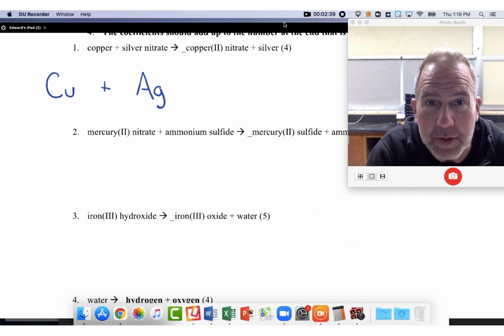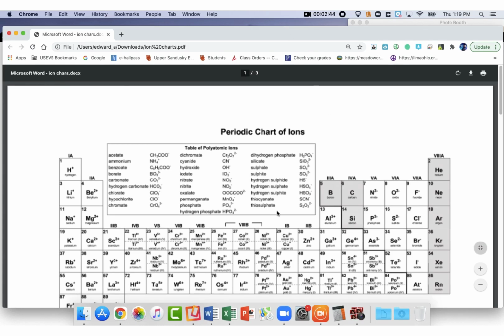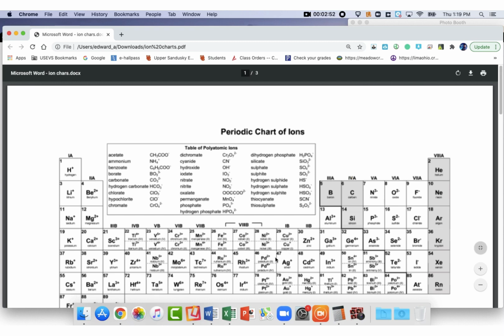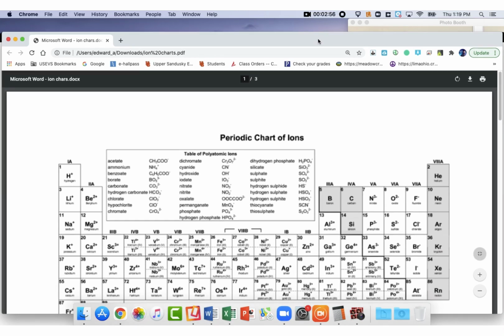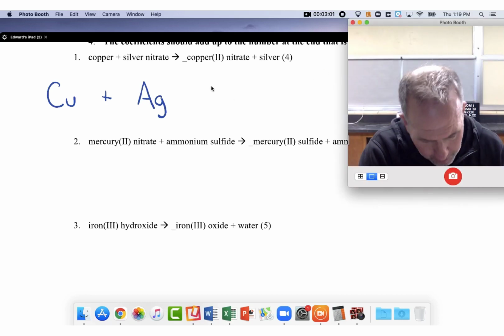So what do we do? We go to our handy dandy ion chart, and we find silver, and silver is right here, number 47, and it is a +1 charge. Okay, so we're going to write Ag +1.